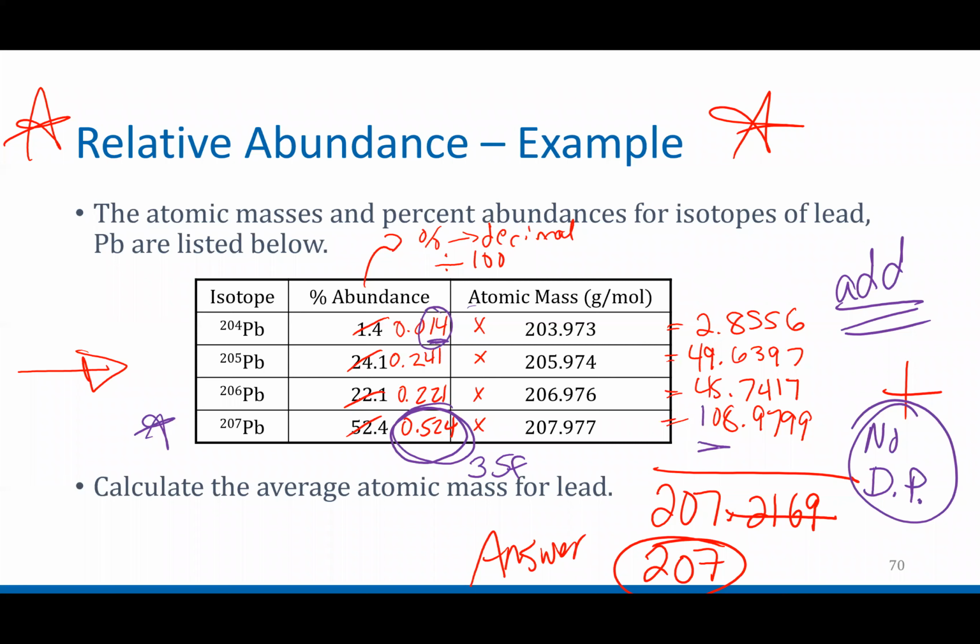So what that means is when I multiply these together, this number only has 3 significant figures. So what that means is no decimals. Because this is only 3, my answer has to have no decimals.